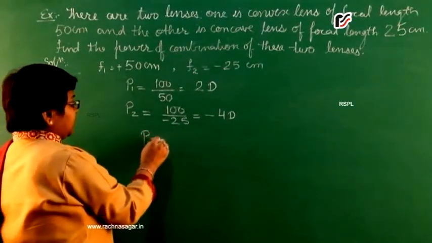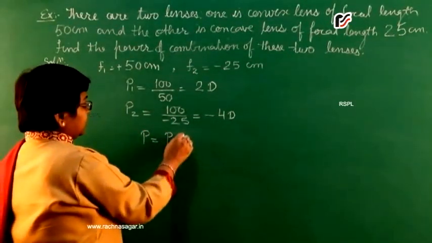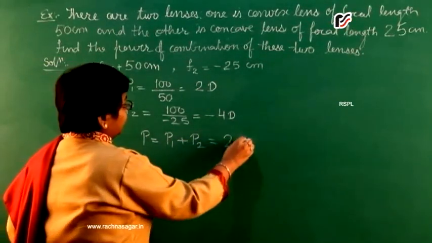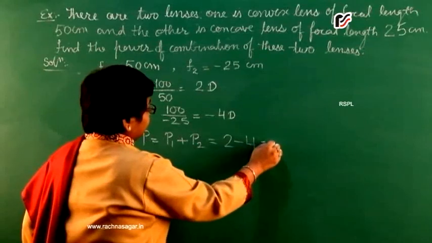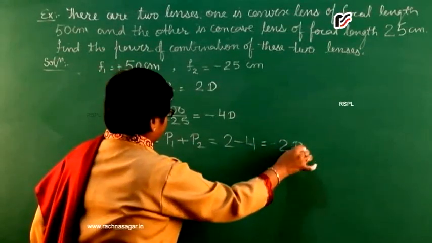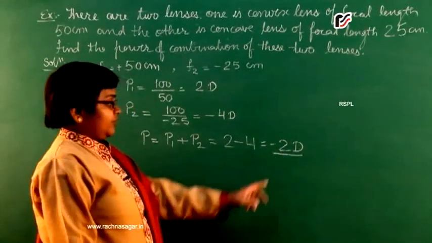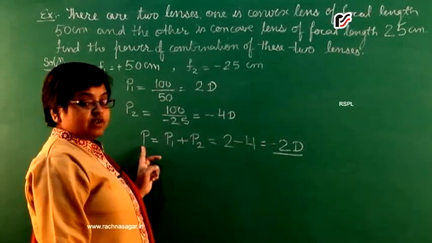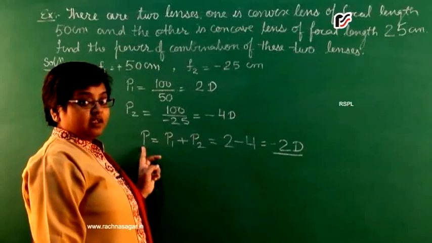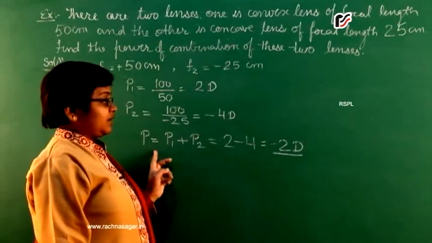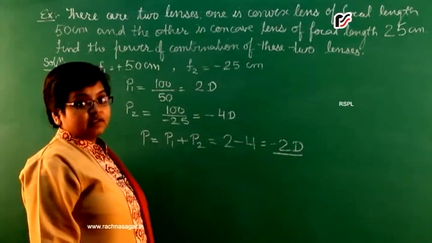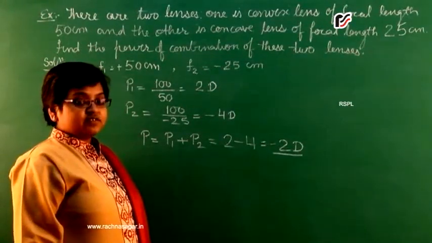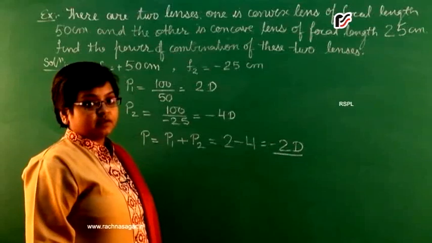The power of the combination is P1 plus P2, that is 2 minus 4, which equals minus 2 diopter. Here we get a negative sign, that is, the combination of these two lenses behaves like a concave lens of power 2 diopter.